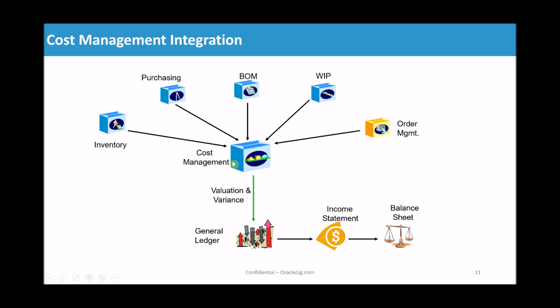And in cost management, we do the distributions, we create the journals, and if there is an evaluation variance, whether in standard costing or in average costing, we calculate the variances. Finally everything is posted to the GL from cost management, and your income statement and balance sheet are maintained in the GL, which comes from cost management. Cost management is one of your important subledgers where all the inventory related and WIP related transactions take place.